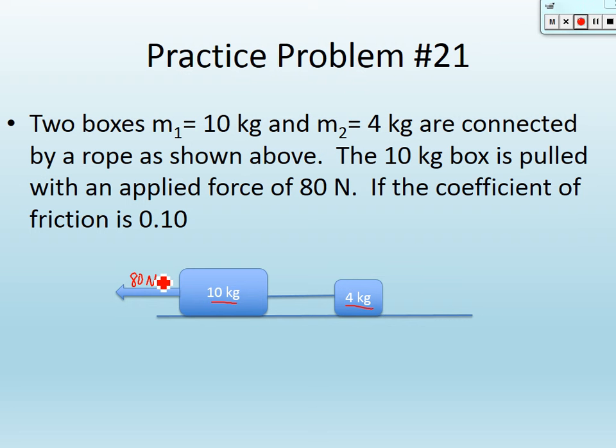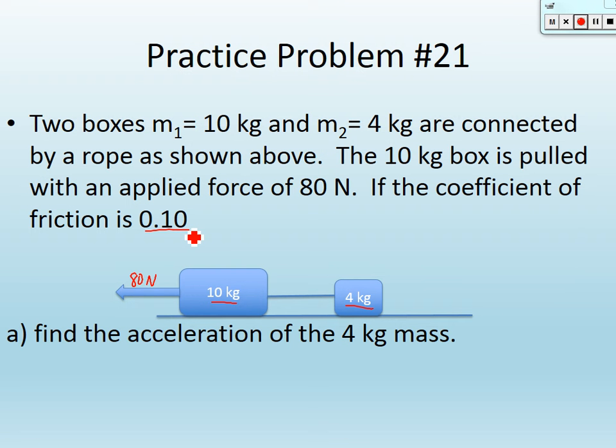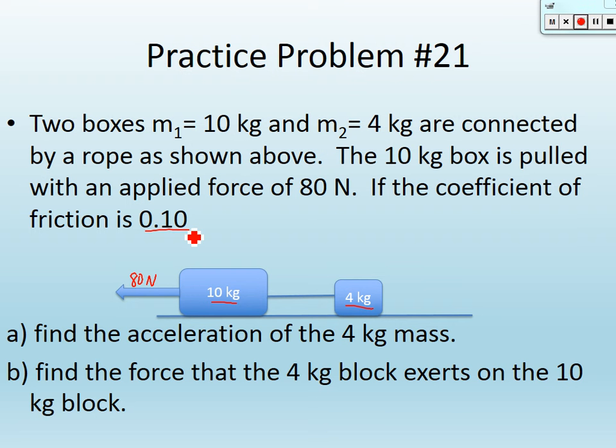If the coefficient of friction is 0.1, it says to A, find the acceleration of the 4 kilogram mass, and B, find the force that the 4 kilogram block exerts on the 10 kilogram block. Before we start this, guys, what is the force that this block puts on this block? Isn't that right here?